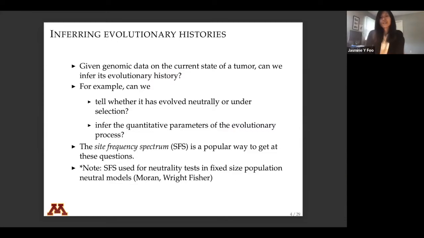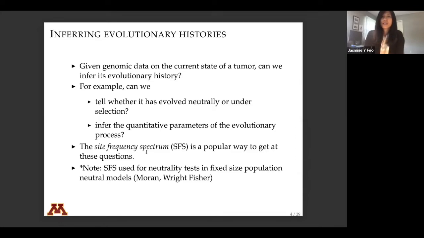And I'll discuss what I mean by quantitative parameters in a few slides. In particular, there's been a lot of work done using tumor genomic sequencing data, and specifically this thing called the site frequency spectrum, to try to answer these questions.